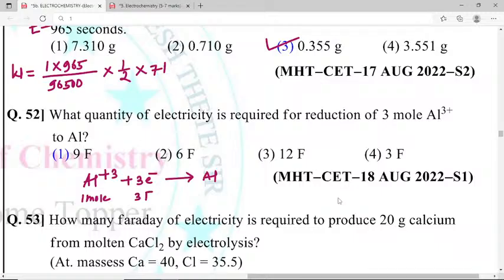For 3 mole, how much? 9 Faraday. So 9 Faraday is your answer. Are you getting this one? 3 mole Al 3 plus.